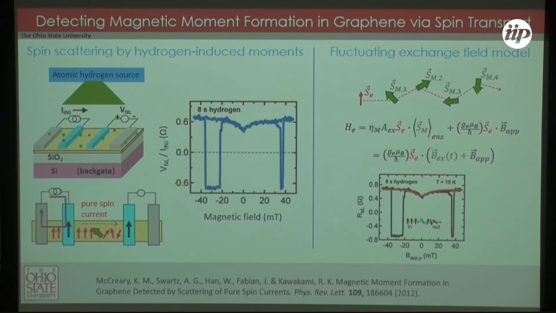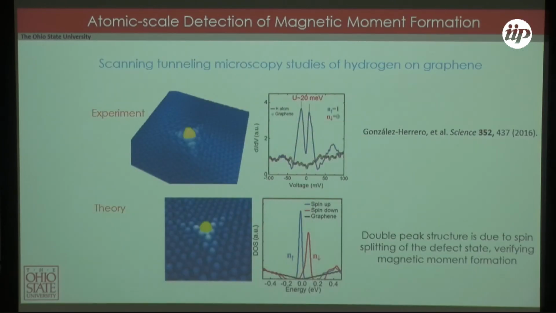But what could be even better is to get even more direct if you can do scanning tunneling microscopy. So these are Ivan Brihuega's beautiful studies on scanning tunneling microscopy on graphene, where you put individual hydrogen down, and then if you do the spectroscopy, you can see, this bottom line here is just graphene by itself.